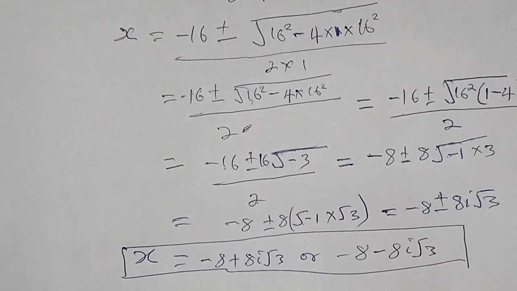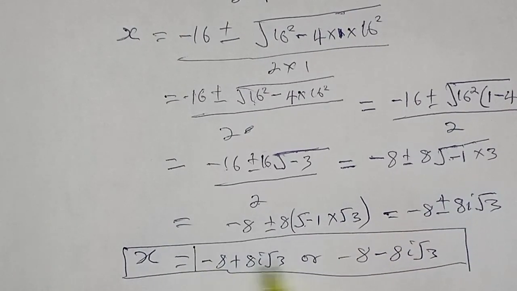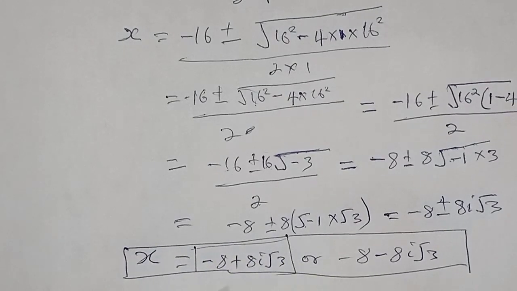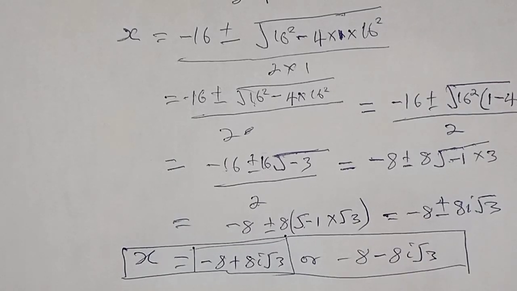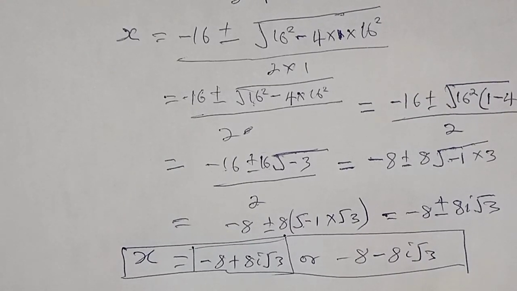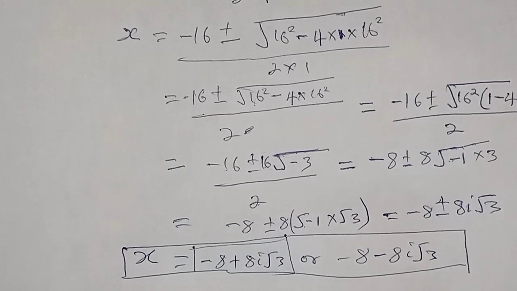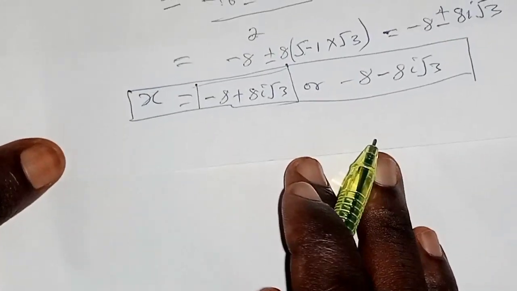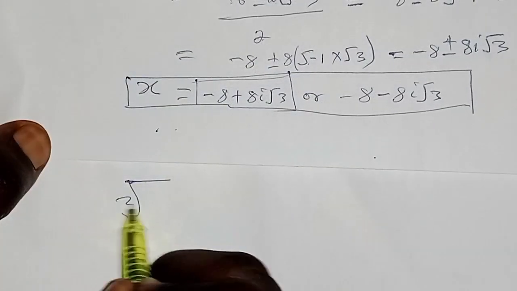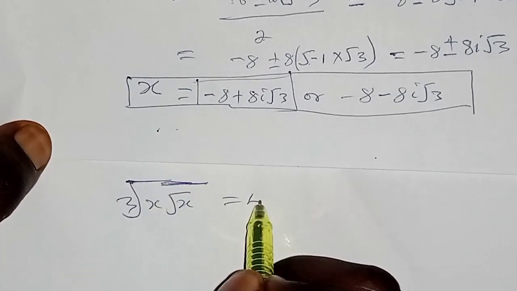So these are the remaining two values of x, which will also satisfy that equation right there. I'm going to use the remaining few minutes to confirm whether this satisfies. I'm going to check whether the first one right here satisfies the equation, and of course you can also go ahead to check it, and you will see that both of them actually satisfy this equation. The question we want to check is whether it satisfies the cube root of x times the square root of x is equal to 4.